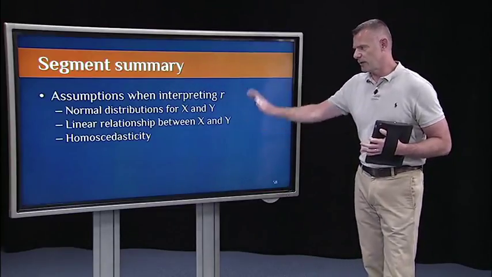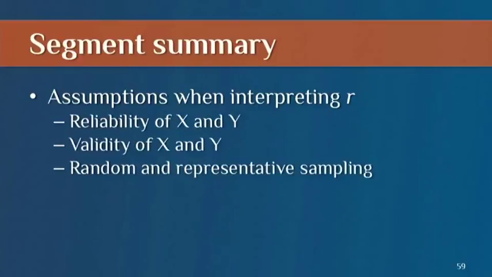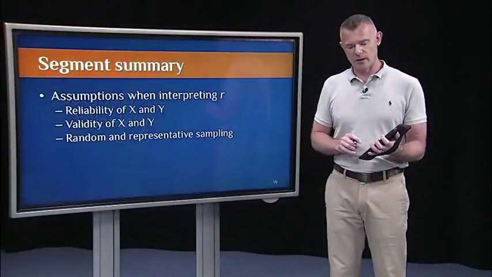So here are just 3 simple assumptions that we talked about: normal distributions in X and Y, a linear relationship between X and Y, and homoskedasticity. Then there are even bigger assumptions that we'll talk about in lecture 6. So reliability, validity, and sampling, which all fall under the umbrella of measurement issues, which is the topic of the next lecture.